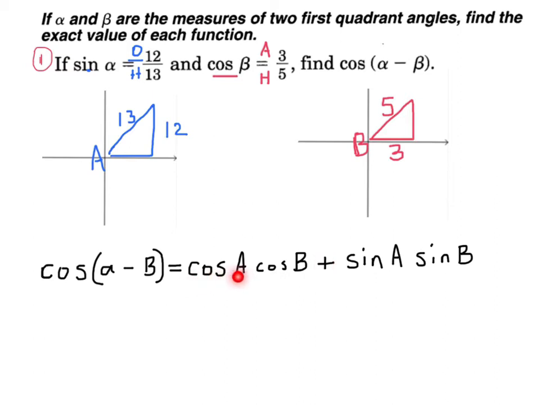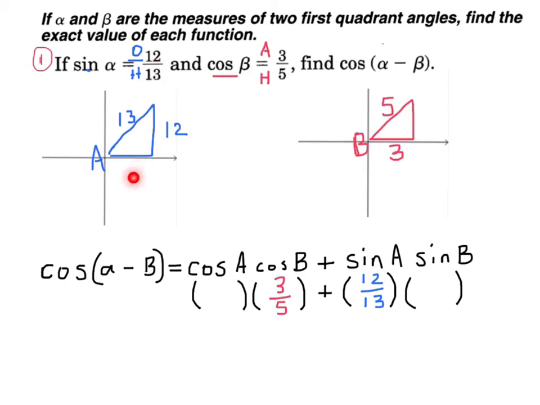Do we have cosine A? No, we have sine A and cosine B. So we're going to have to find that. Do we have cosine B? We sure do. Cosine B is 3/5. So let's go ahead and write that one in there. And then we also had the sine A is 12/13.